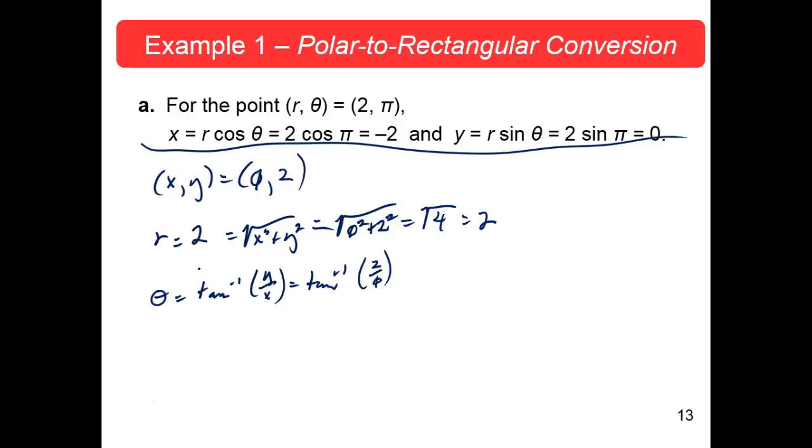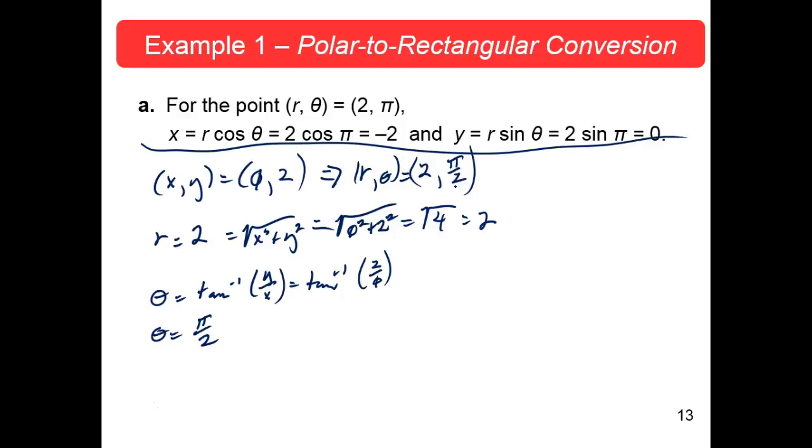Negative pi halves and pi halves. Since you're on 2, you're up there, that's going to be at pi halves. See, if I had drawn this one, I think this should have been very easy. So therefore, your theta is pi halves. Okay? So your polar coordinates for this would be r, theta equal 2, pi halves.